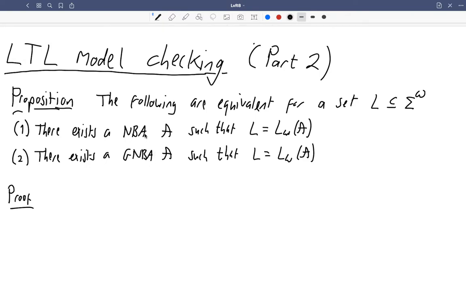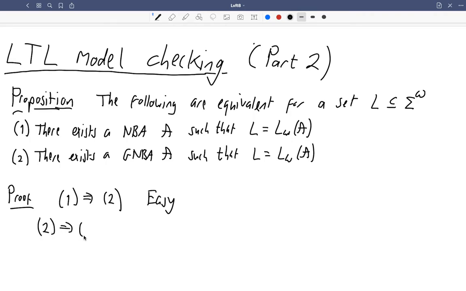You just simply have one set of final states. A generalized automaton can have one set of final states, or more than one. So 1 implies 2 is easy because generalized non-deterministic Büchi automata, like their name suggests, really do generalize non-deterministic Büchi automata.